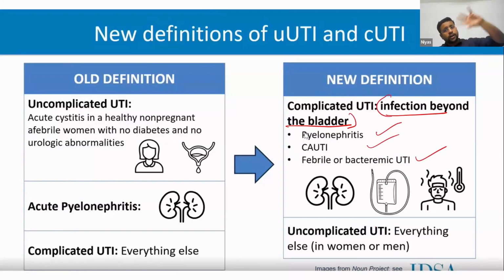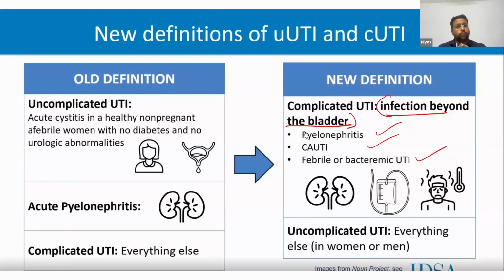The older definition that all urinary tract infections in men are complicated, those things have gone. Currently, a complicated urinary tract infection includes any infection that goes beyond the bladder, male, female, doesn't matter. So that includes pyelonephritis, CAUTI, and febrile or bacteremic UTI, and everything else is an uncomplicated UTI in women or men.